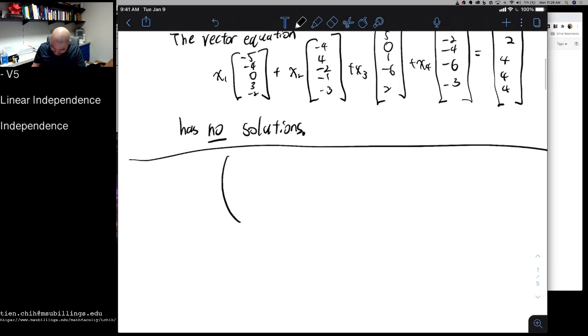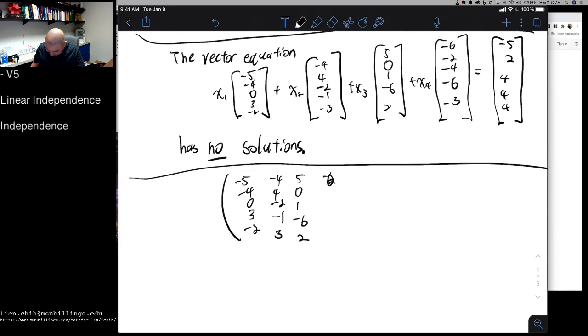Let's write out what our augmented matrix would look like: minus 4, minus 4, 4, minus 2, minus 1, 3; 5, 0, 1, minus 6, 2; minus 6, minus 2, minus 4, minus 6, minus 3, augmented with minus 5, 2, 4, 4, 4. All right, so far so good.